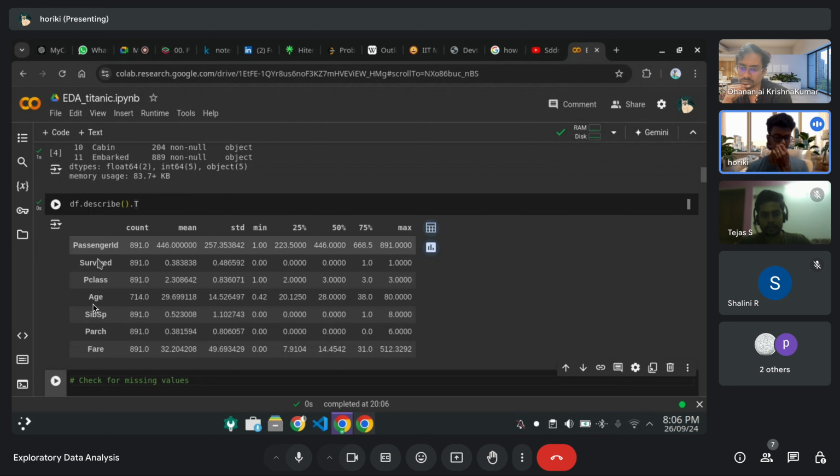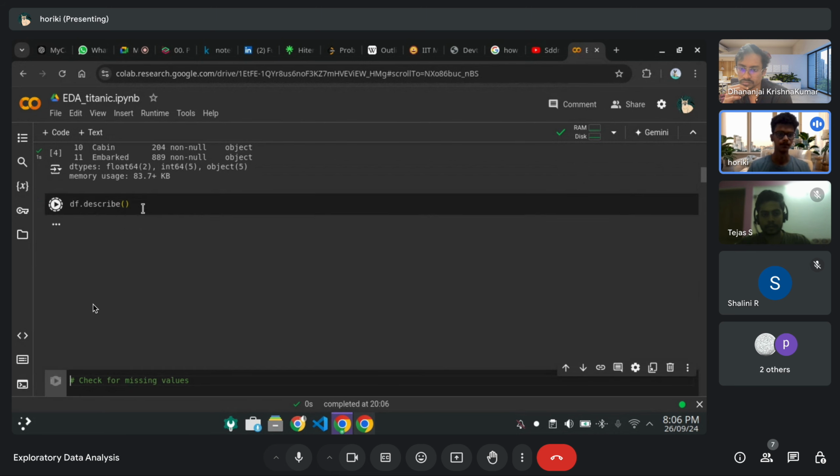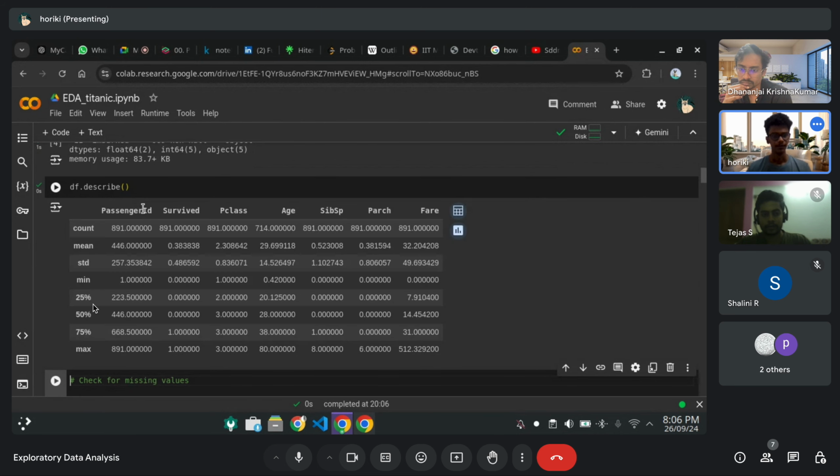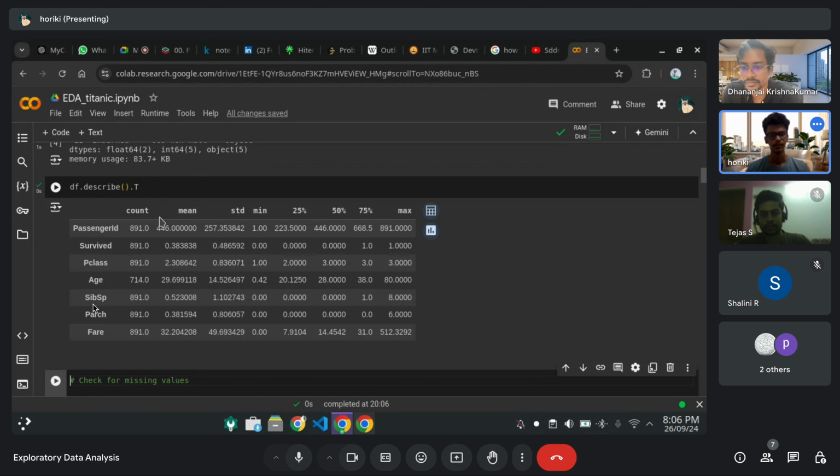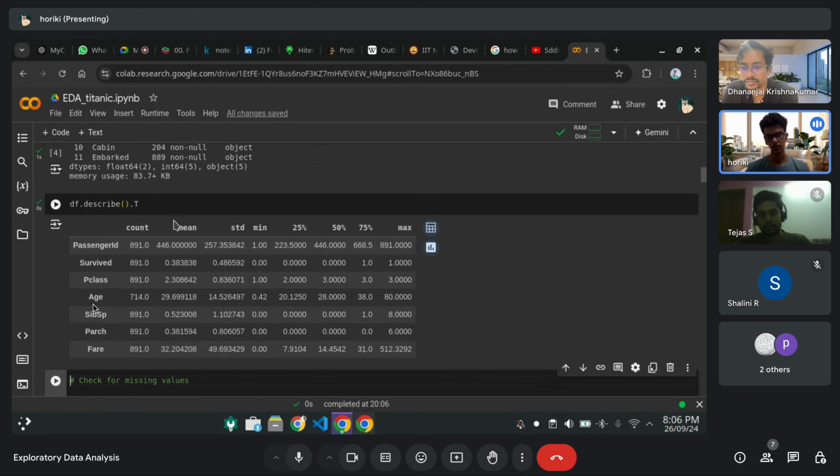I use transpose here just to make it a bit more readable. So this shows the count, the mean, the standard deviation, the minimum value, the 25th percentile, the 50th percentile, the 75th percentile, and the maximum value in each.